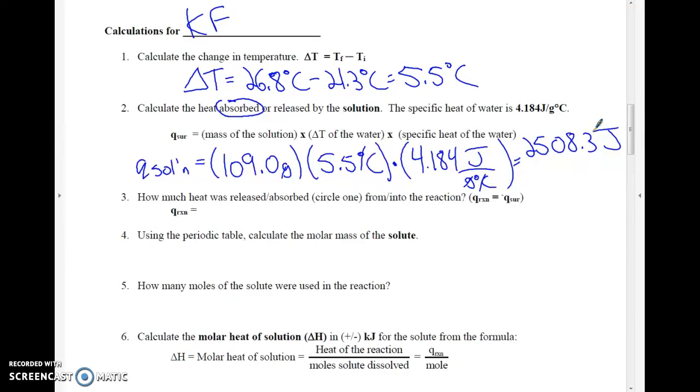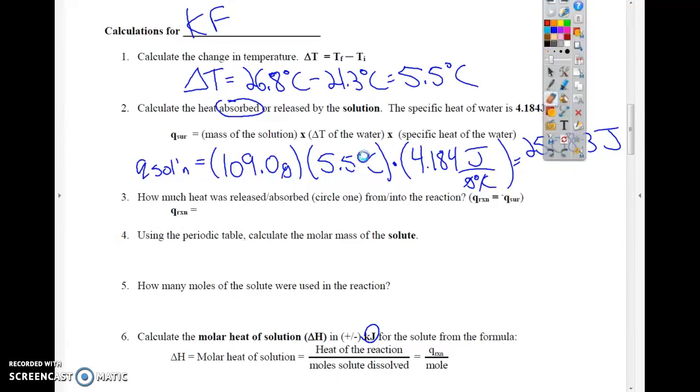Now there's two things we want to do here. If you look at the very bottom of the page, where it also says in number 6, we are solving for kilojoules. So I want to take this number and convert it to kilojoules, and at the same time, I want to match up the number of significant digits. So what we have is 5.5 degrees Celsius. That's 2 significant digits. 109.0 is 4, and we never go by the specific heat of water because that is a constant.